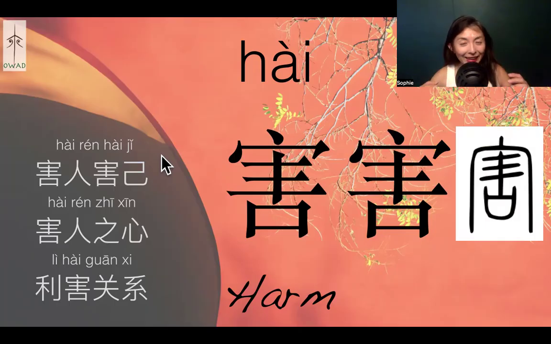The second line is 防人之心不可无. At the same time, you cannot be without the heart or intention or the sensitivity to detect other people's ill intention. Okay, again, 害人之心不可有，防人之心不可无.